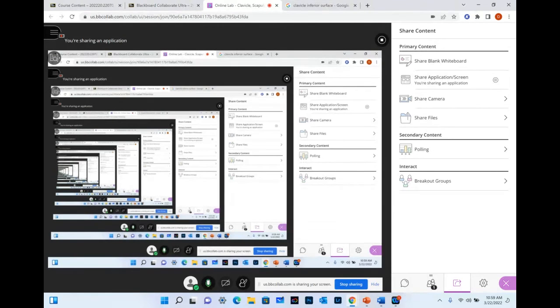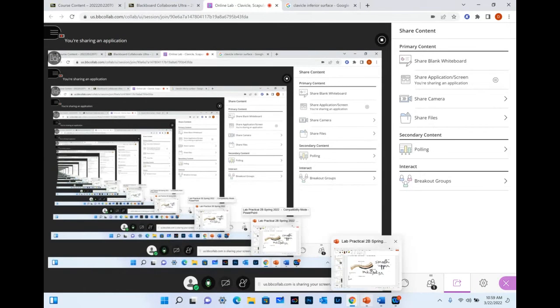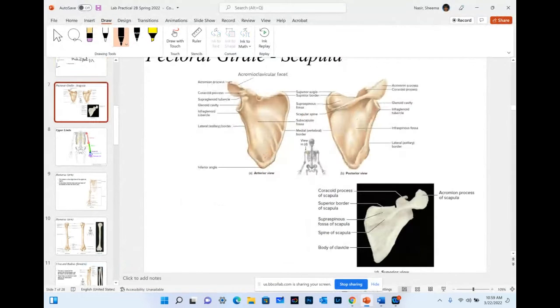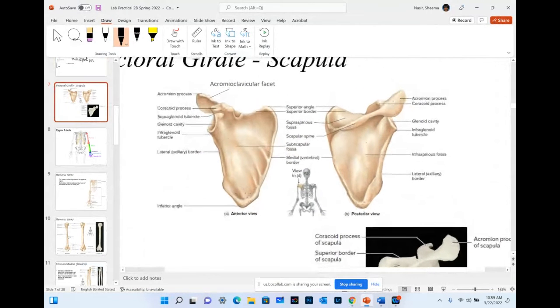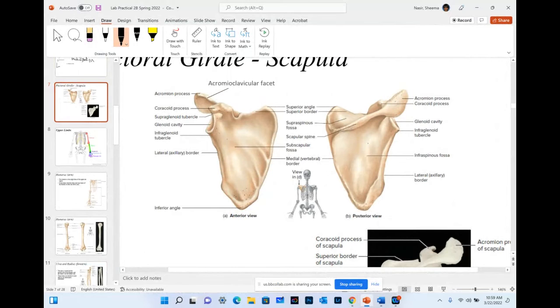Okay, scapula is right here. Just do thumbs up if you understood the first bone. And if you didn't, then just raise your hand. Okay, so now we are going to proceed to the next bone.